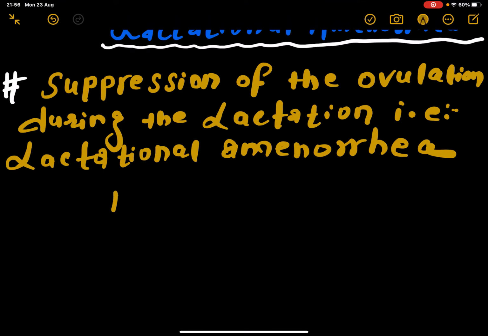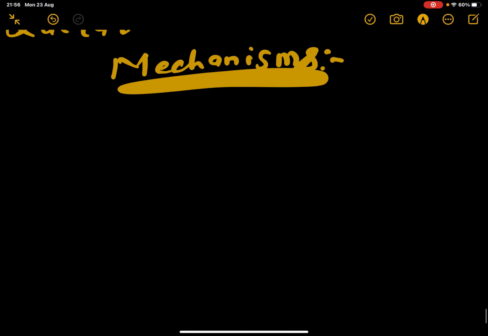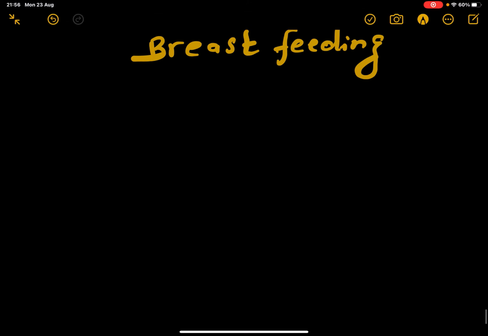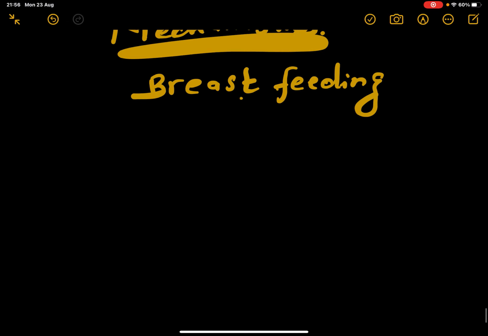So let's talk about the mechanism of lactational amenorrhea. What happens? During lactation or breastfeeding, this causes an increased prolactin level.